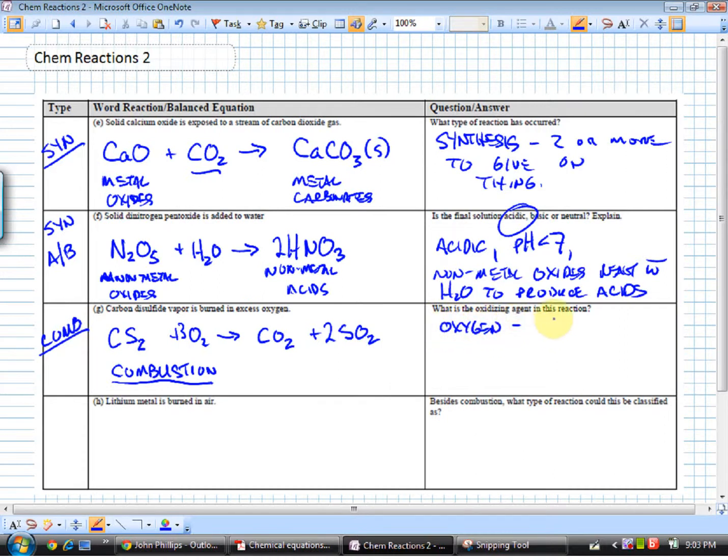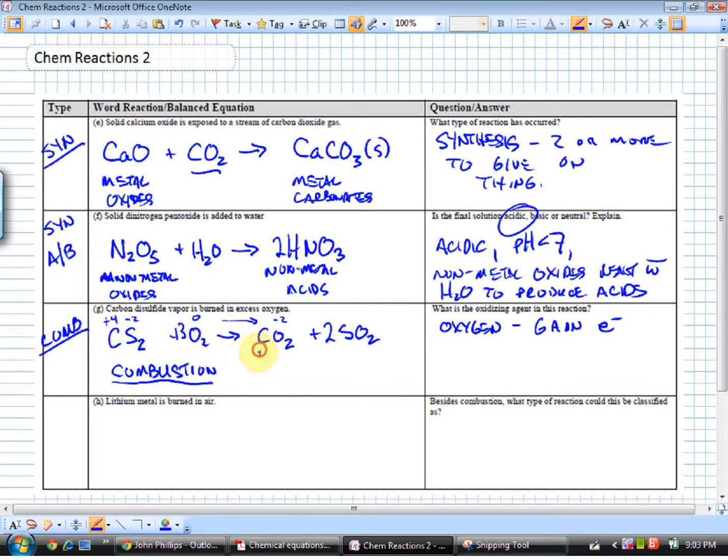Oxidizing agents must gain electrons. Okay, so if we take a peek here, let's check out the charges. The oxidation number: sulfur is -2, carbon is +4, oxygen in the elemental state is 0. Over here, oxygen is going to -2. So there we go. Oxygen is gaining electrons, it's being reduced.